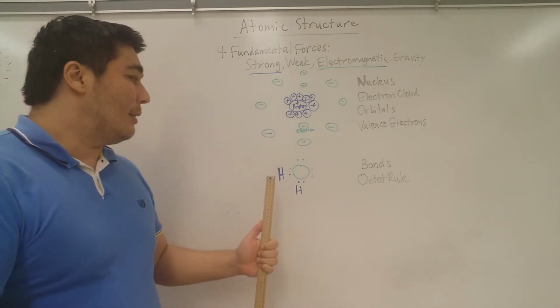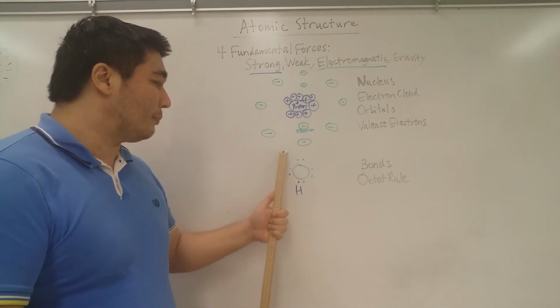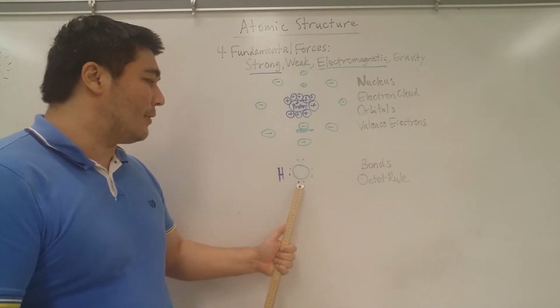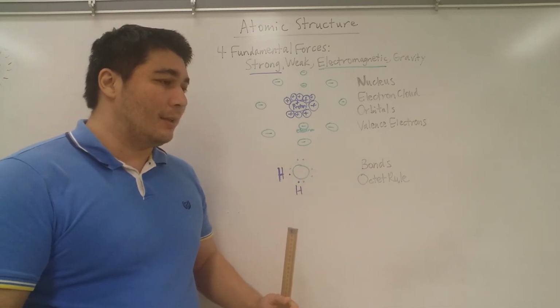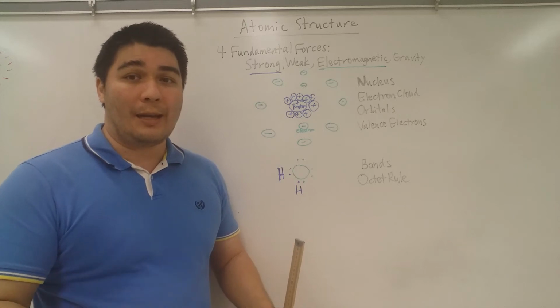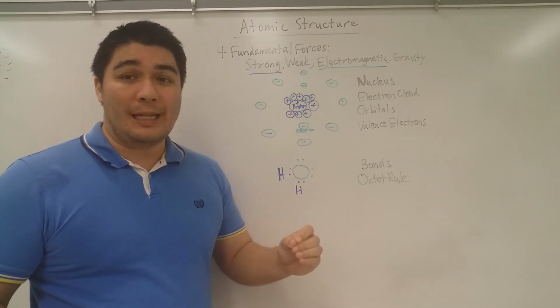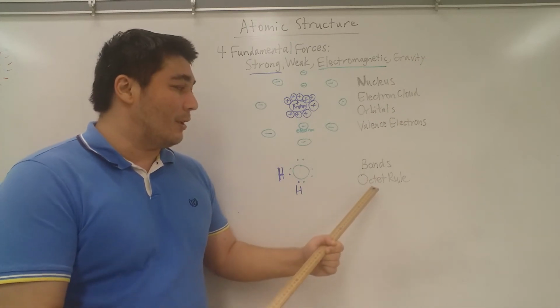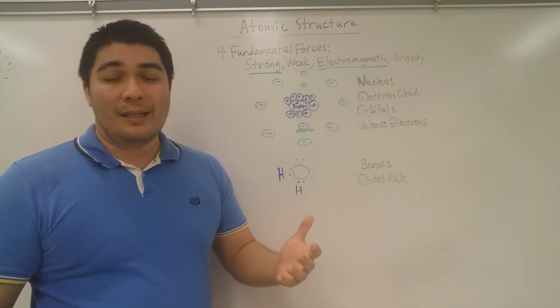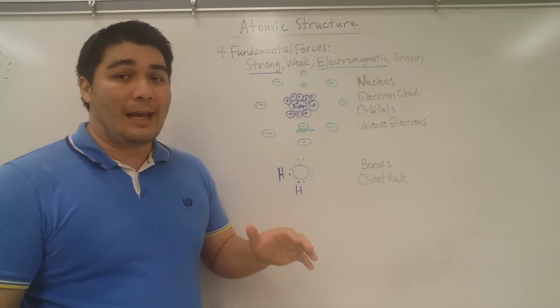A lot of times, something will share its valence electrons with another atom, mostly because atoms want to be complete, based on what's called the octet rule. The number of valence electrons an atom wants is 8.